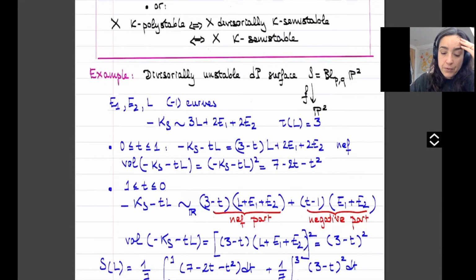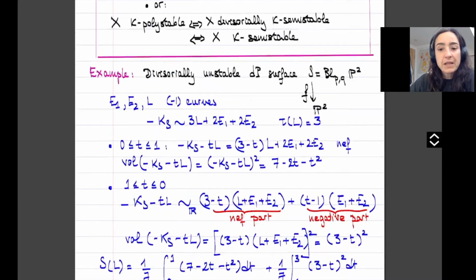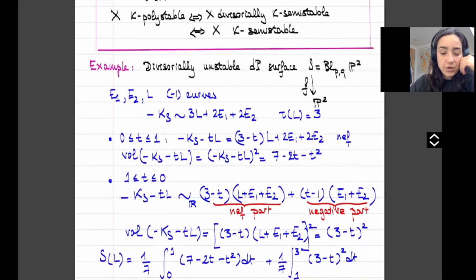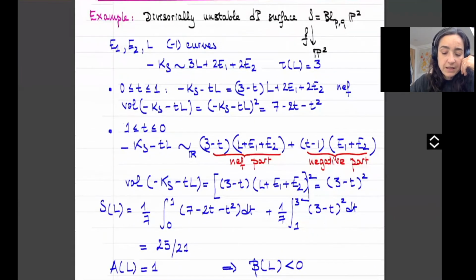And here's an example of how one of these computations goes. Let me look at a divisorially unstable del Pezzo surface. I'm looking at the blow-up of P2 in 2 points, P and Q. I call the map to P2 f.